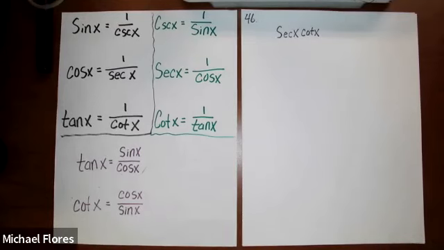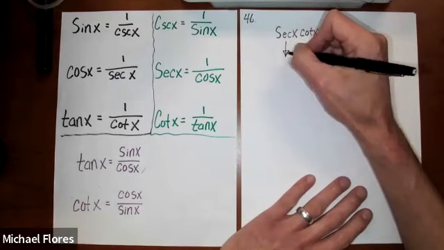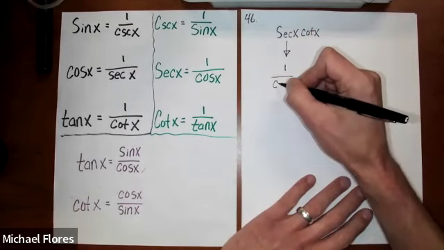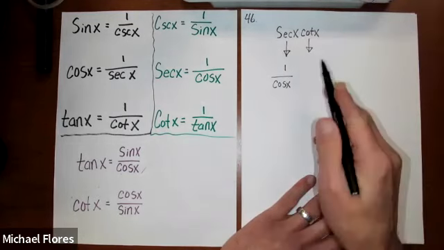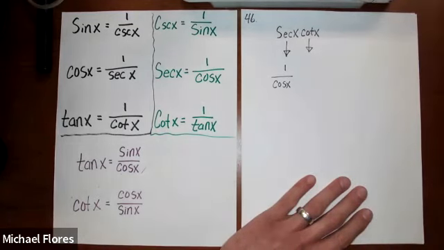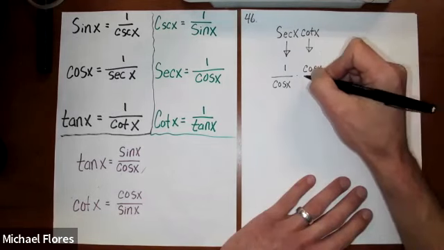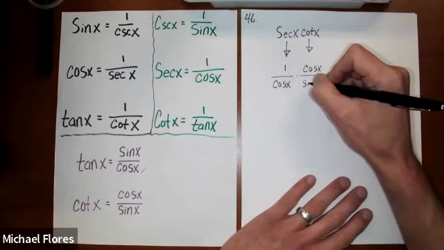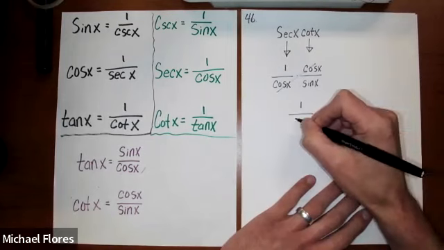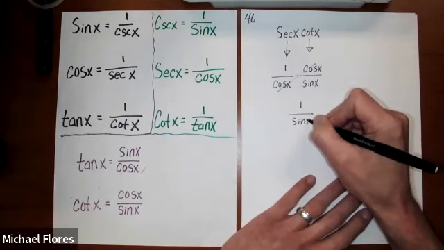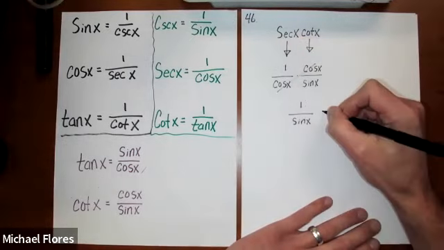(46) Okay, secant, let's change that to its reciprocal identity, which is right there. And change cotangent to its quotient. And 1/sine of x is the same thing as cosecant.